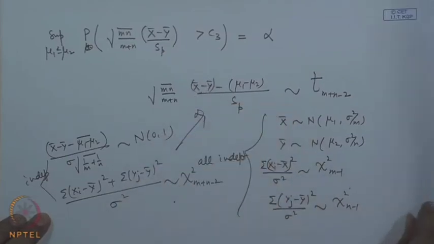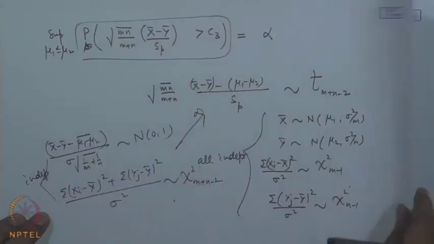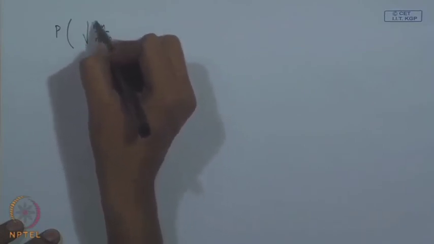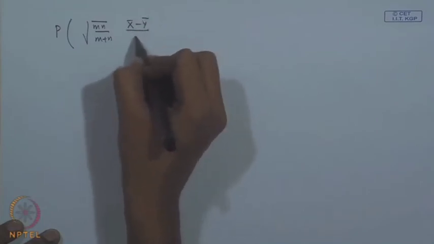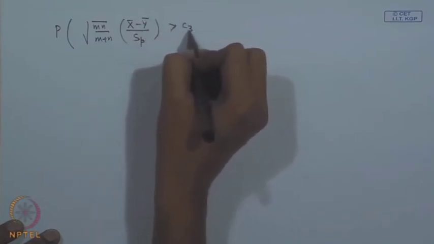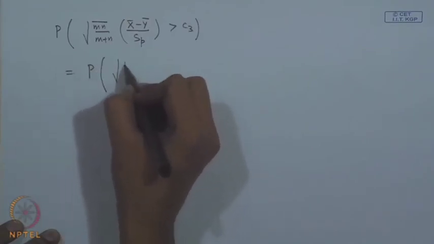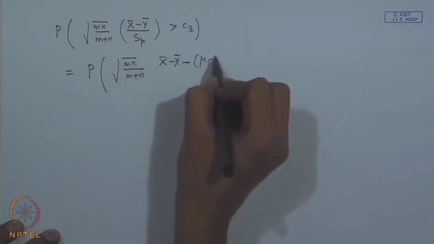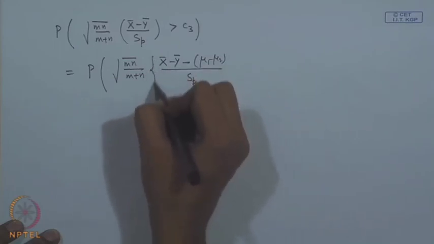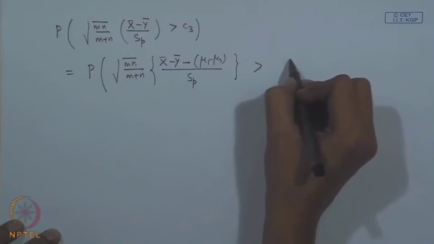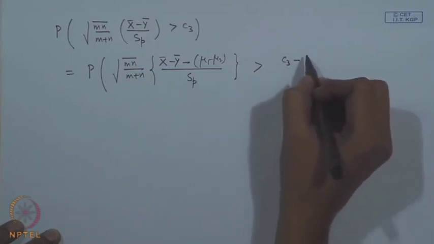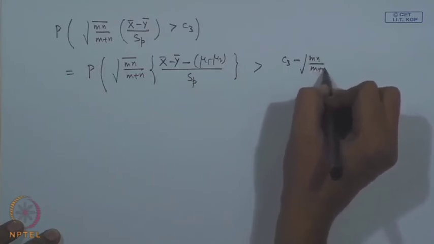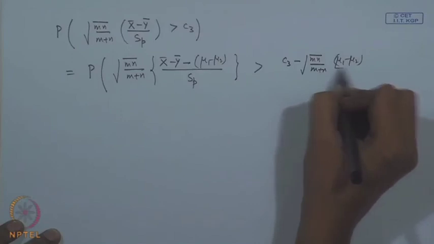If this is the t distribution, then this probability, if I consider the probability of root mn by m plus n times x bar minus y bar by s_p greater than c3, that is equal to the probability of root mn by m plus n times x bar minus y bar minus mu 1 minus mu 2 divided by s_p greater than c3 minus root mn by m plus n times mu 1 minus mu 2 by s_p.